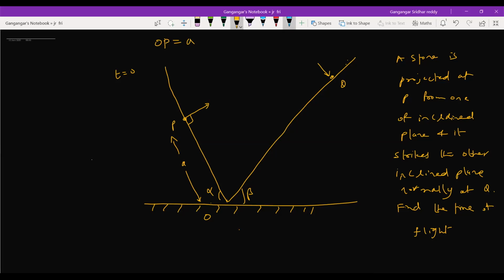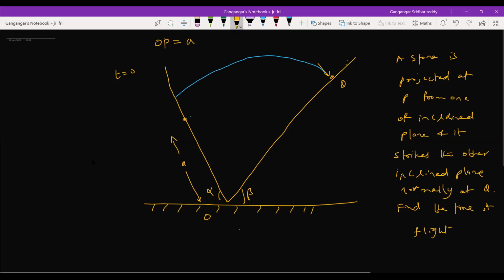First, we'll go for the trajectory. The trajectory will be, okay, you can see clearly, though it is projected normal to it, it need not be parallel to the other incline.